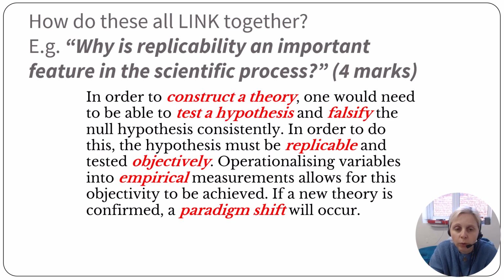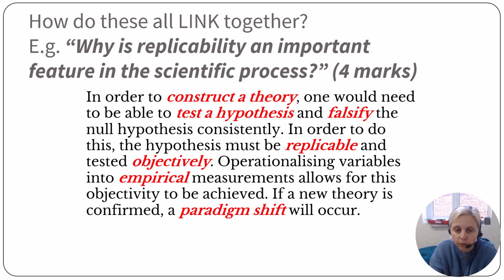Usually when they ask you why one of these features is important, they expect you to tie these features together. So for example, in order to construct a theory, you need to test the hypothesis and falsify the null hypothesis consistently. The only way to do this is for the hypothesis to be replicable, because then you can test and retest the hypothesis until you can be certain that the null hypothesis has been falsified.